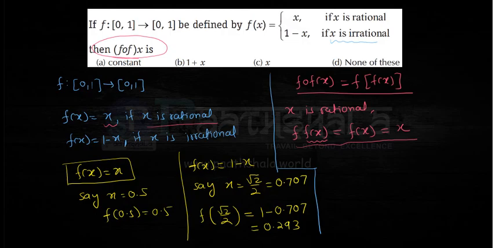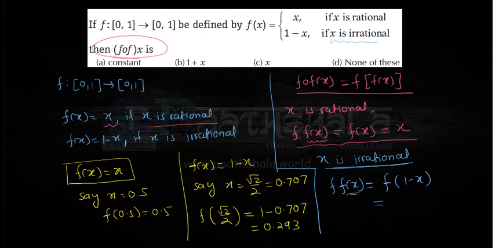In the next case, x is irrational. So in this case, f of x is 1 minus x. Now let's apply f again, that is f of f of x, which will be f of 1 minus x.